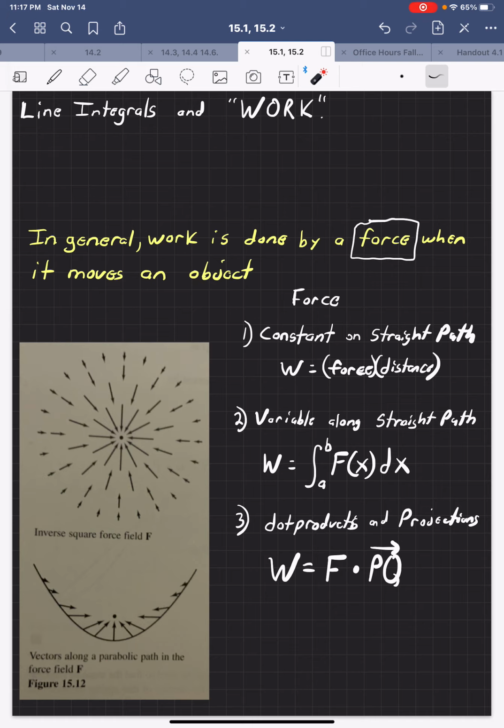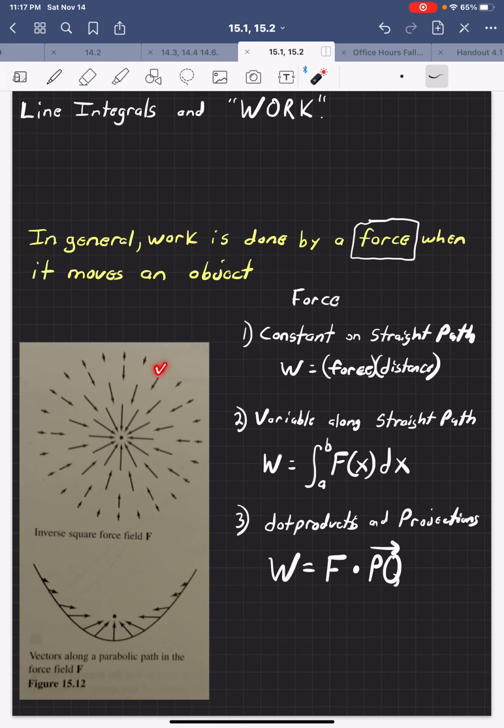So the idea, again, a force field is just a vector field, and you can see that. So when you have circular paths, for example, circular paths like this, you can see that the magnitude of the force on the circular paths are the same, right?